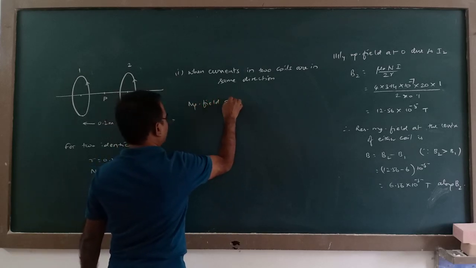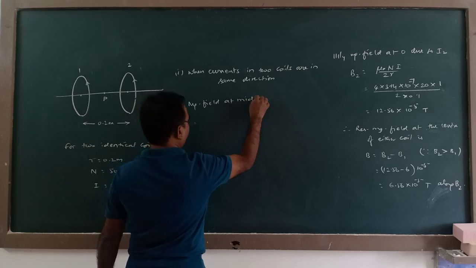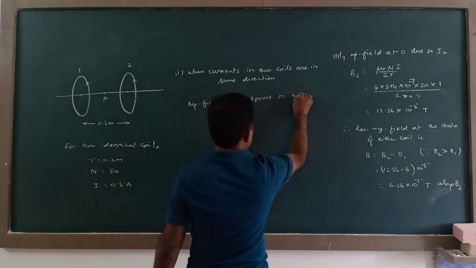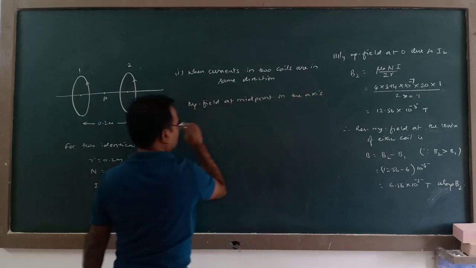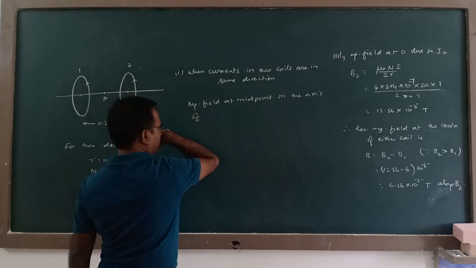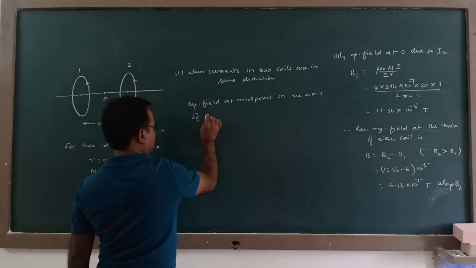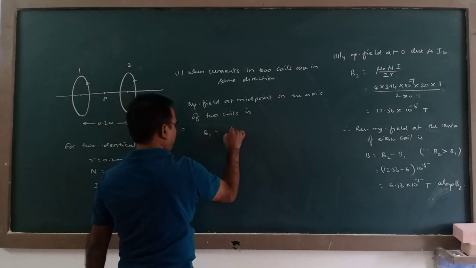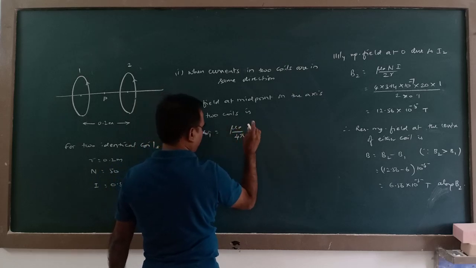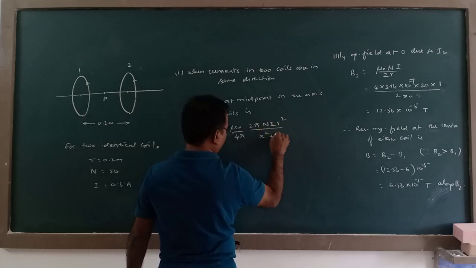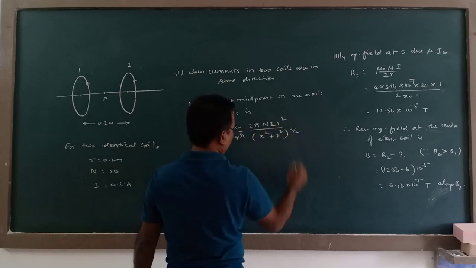so magnetic field at the midpoint on the axis of two coils is B1 equals mu naught by 4 pi, 2 pi Ni r square divided by x square plus r square whole to the power of 3 by 2.